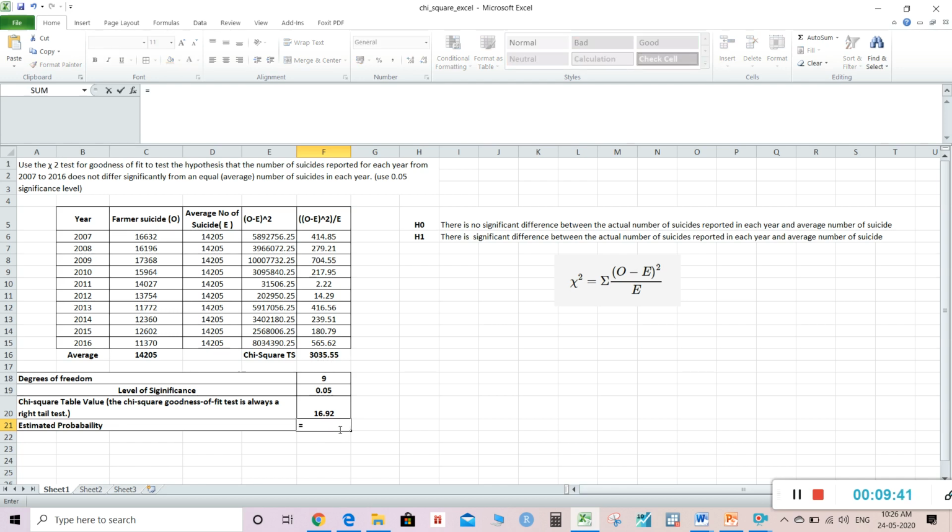For that you need to use a different formula, that is CHISQ.DIST.RT, chi-square distribution right tail. Your X here is nothing but your test statistic, and degrees of freedom is of course 9.